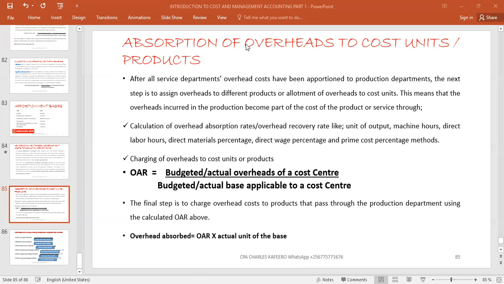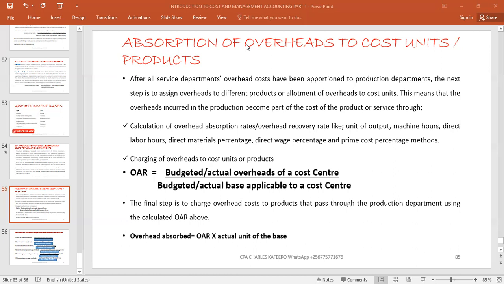But don't forget that of these overhead absorption rates, we have two types. We have the blanket overhead absorption, where the company sets a single overhead absorption rate that is going to be used in absorbing the costs into the final products. This blanket overhead absorption rate shouldn't be used in production, I repeat, because you cannot trace directly.